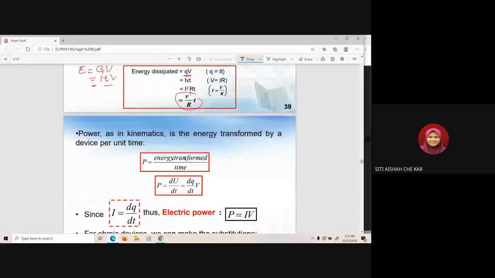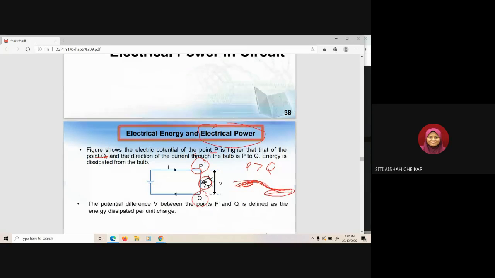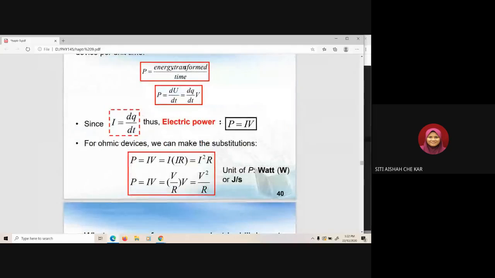Okay, so we have another term. We call it power, electrical power. Usually when we buy things, we look at how much power it has, or when we pay the electrical bill at TNB, they look at this electrical power. So the formula for electrical power is P equals IV.